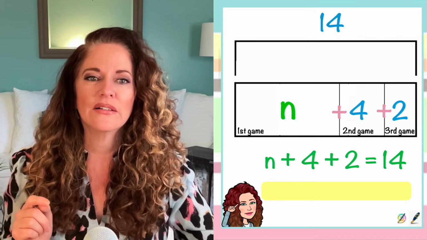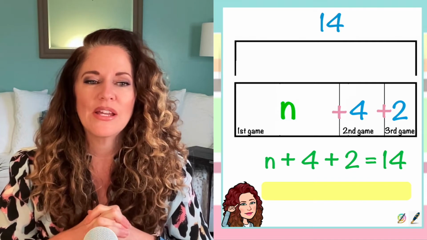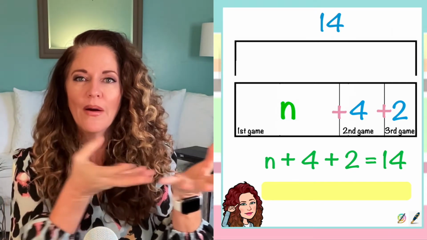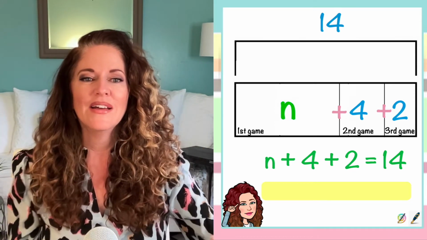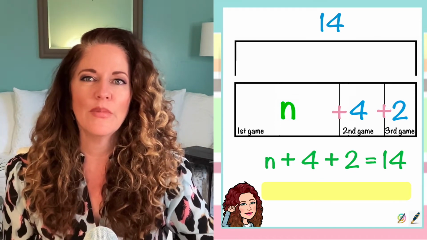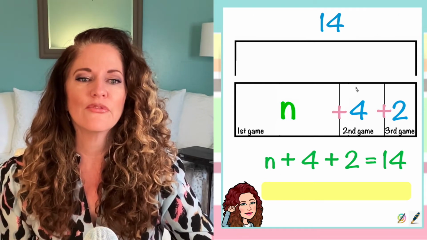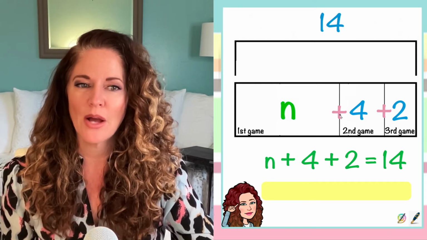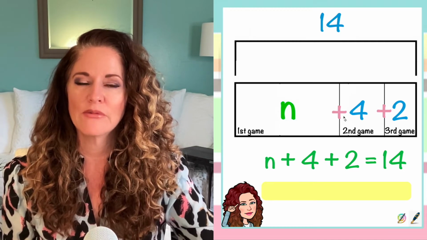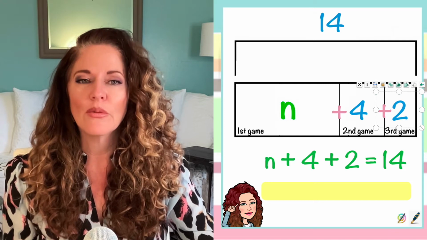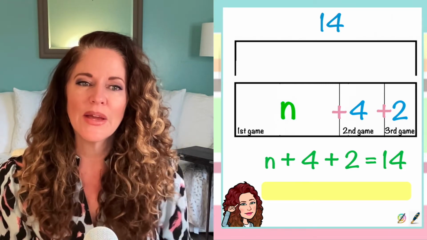Let's take a look at our equation. Now we know we do part plus part plus part to give us whole, right? So I went ahead and did that for you down here, but I don't want you to write this yet. I wrote N plus 4, and I know that's a plus sign because we always put our parts together. That's what that line reminds me of. Plus 2 equals 14. So there's my equation.